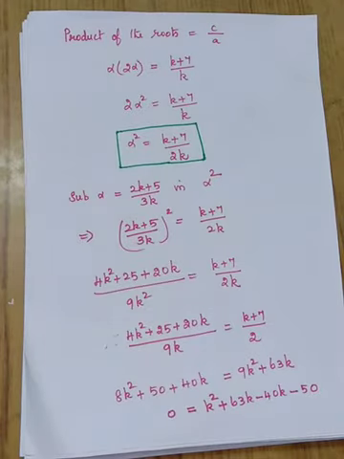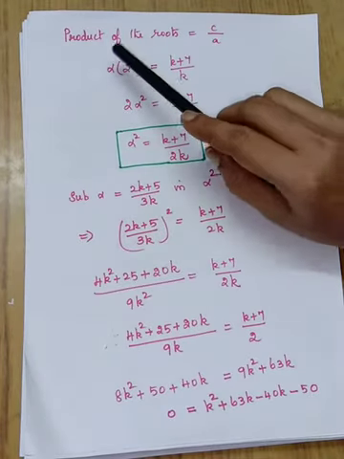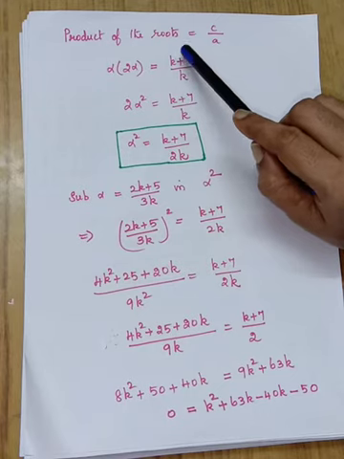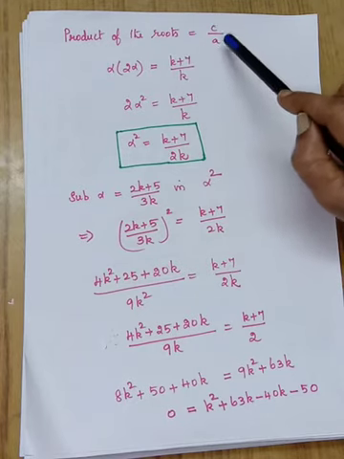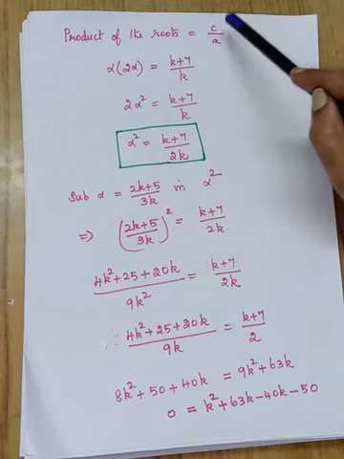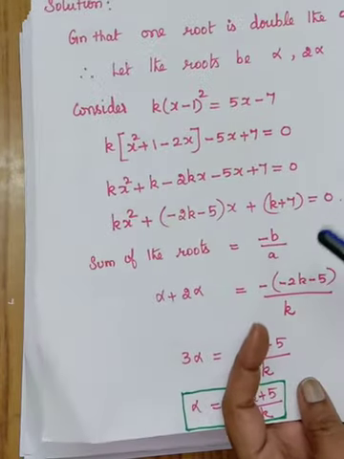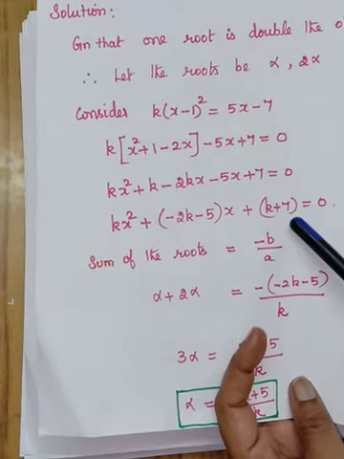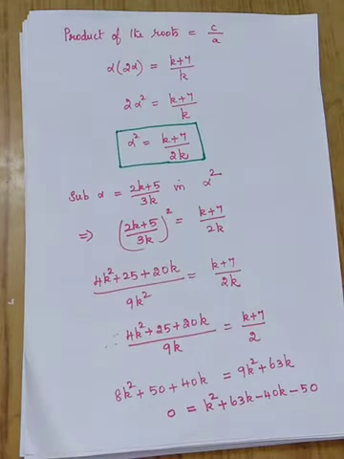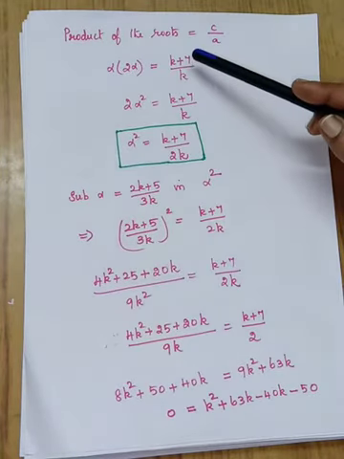Next we are moving to the product of the roots. What is the formula? c/a. What is c? c is the constant, so here it is k + 7. In the place of c, you substitute k + 7.